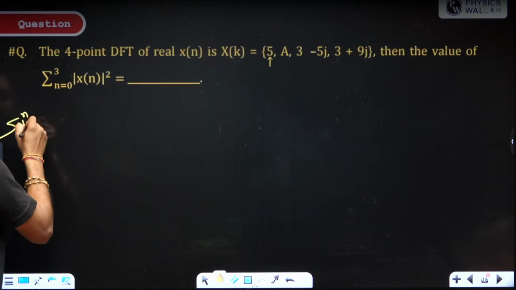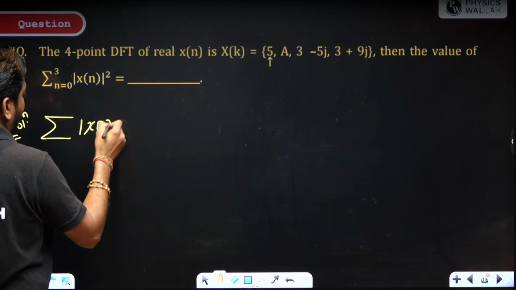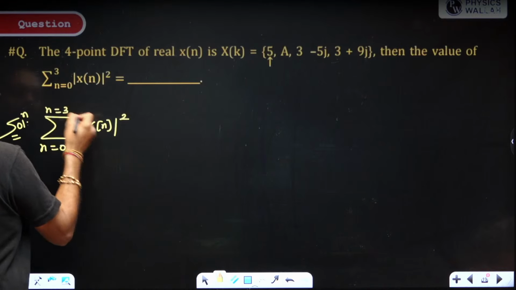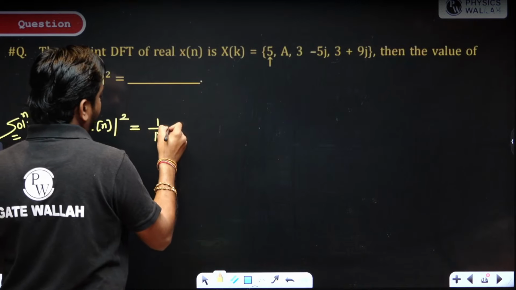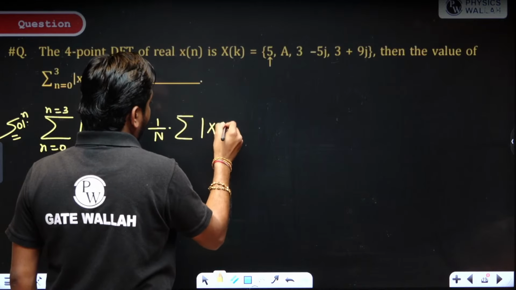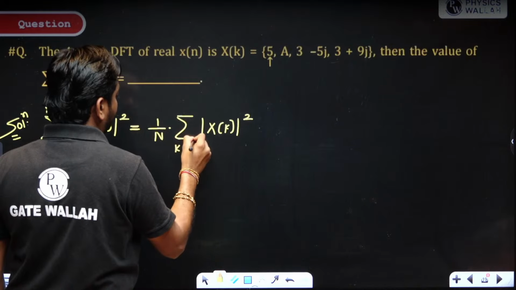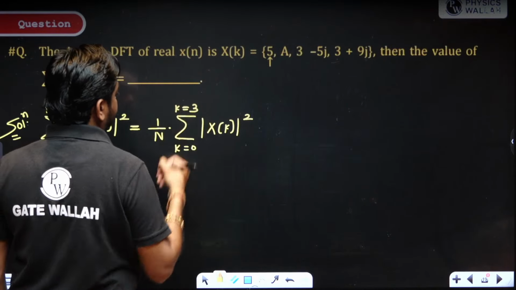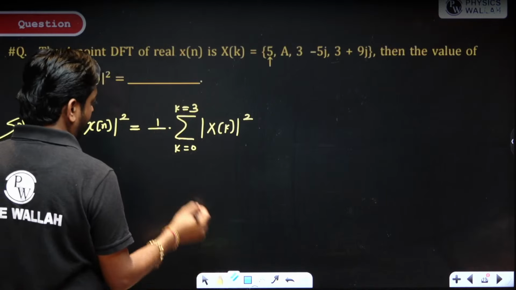So the property: summation of mod x of n whole square, where n is from 0 to 3, equals 1 by N summation of mod x of k square, where k is from 0 to 3, correct? And N equals 4 for the 4-point DFT.